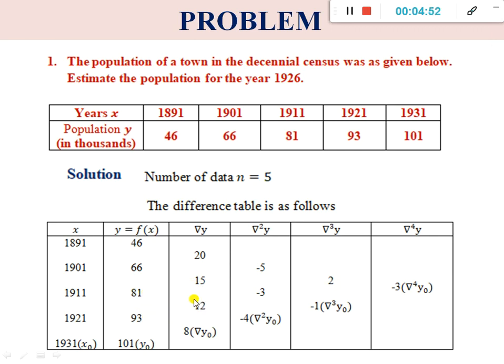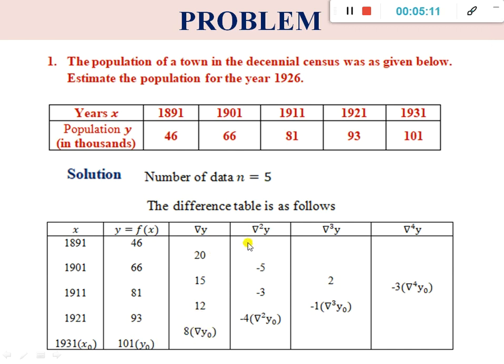In the middle of these two I enter this 12. Like that, the last, 101 minus 93, is 8. So these are the values of delta y. The last value of delta y is delta y naught.